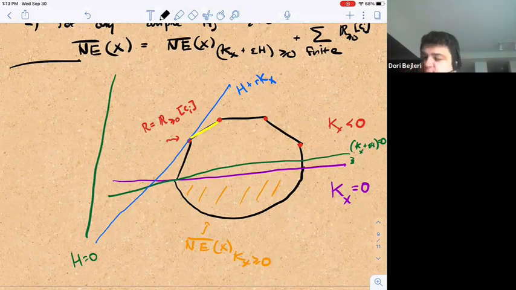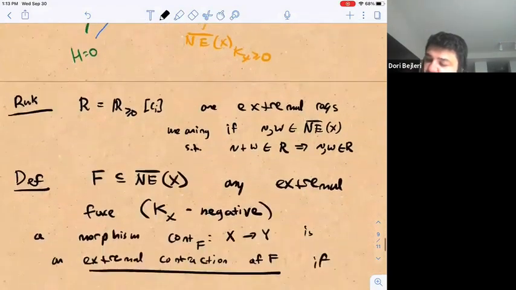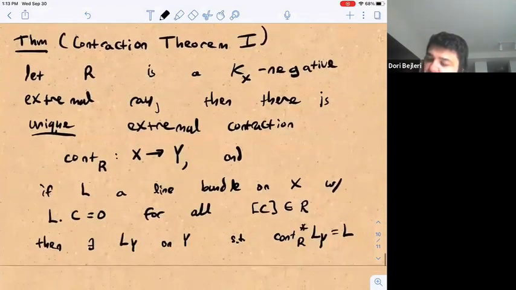So that's what we want. But the issue is that these extremal contractions guaranteed by this theorem, there's no reason the Y's in these extremal contractions are smooth. And in fact, they're not smooth, and the singularities of Y can be quite bad depending on what this contraction looks like.